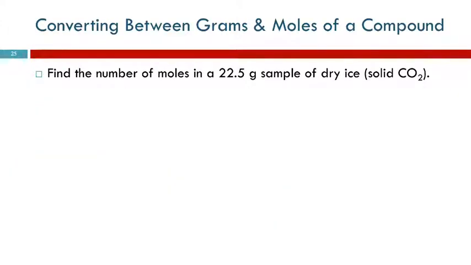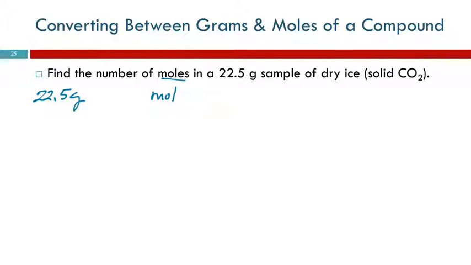So find the number of moles in a 22.5 gram sample of dry ice, which is solid CO2. So the number is 22.5 grams, and the unit that we're trying to find is moles. So we're going from grams to moles.